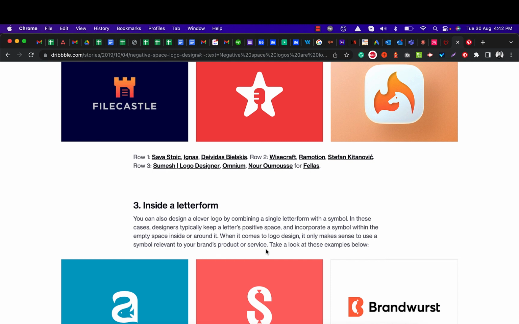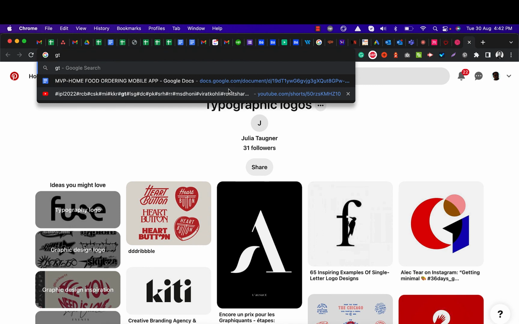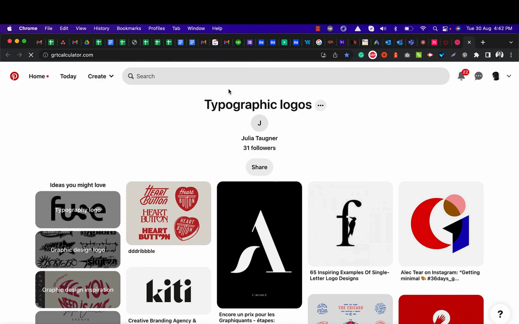Okay, great. So next thing is, let's talk about how to use proper typography with a proper tool. Today I will talk about the GRT calculator, golden ratio calculator.